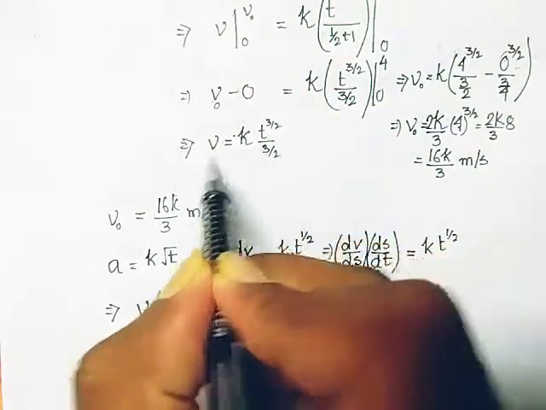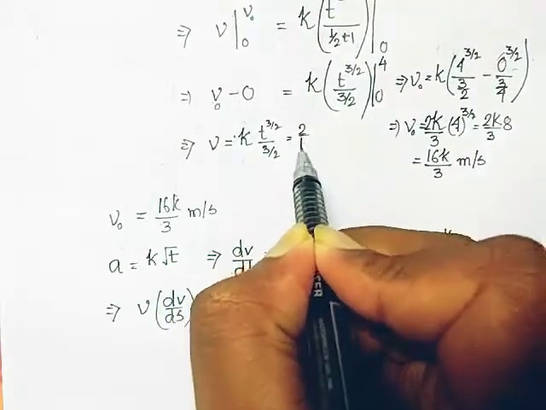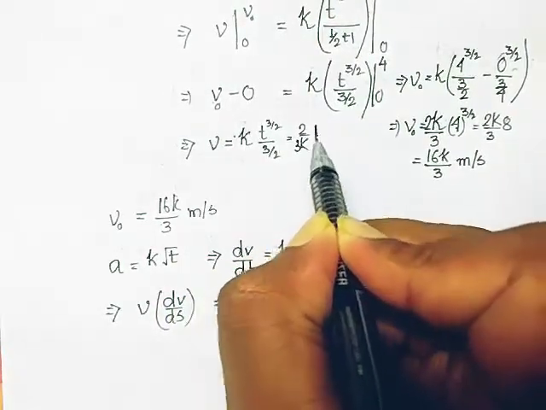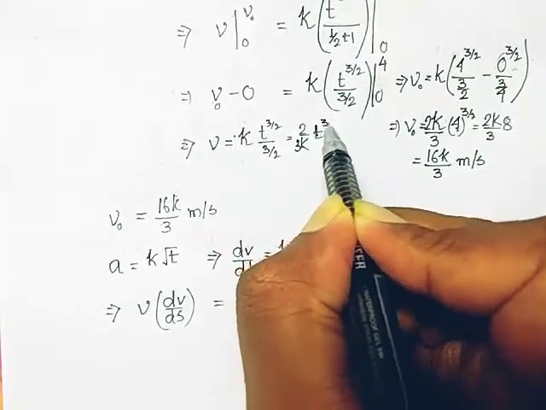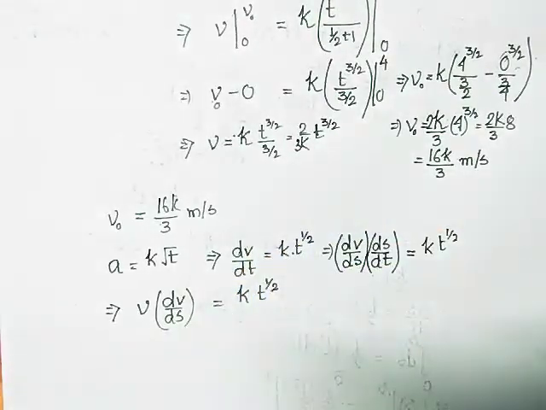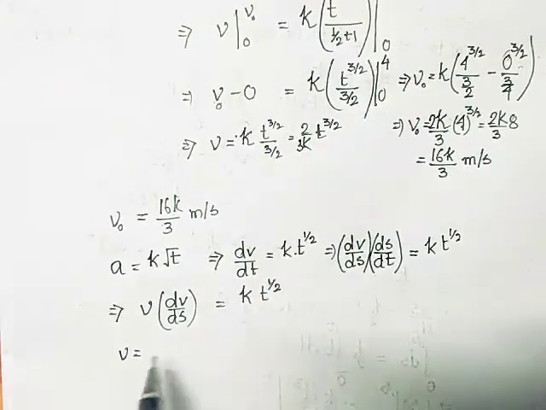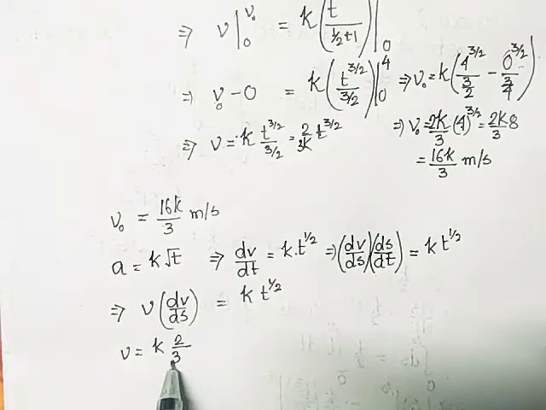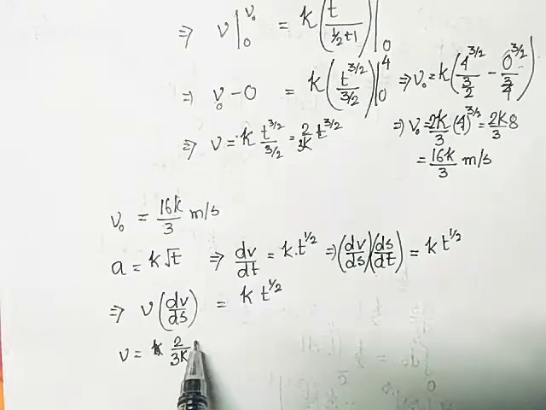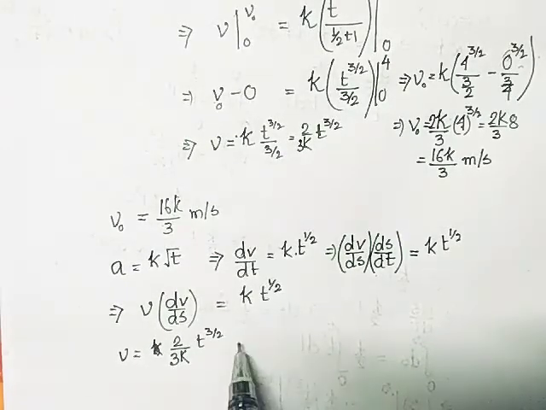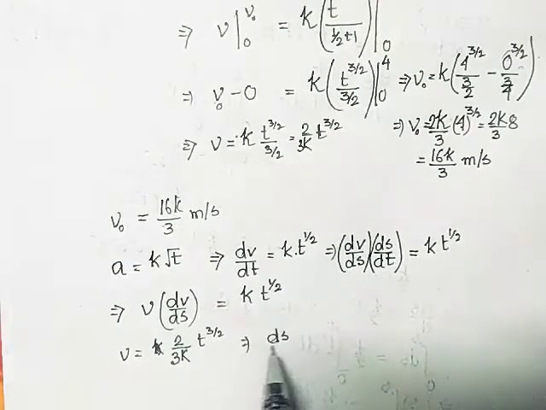So it will be 2k divided by 3, that is 2 by 3 k t to the power 3 by 2. So dv ds is ds by dt.